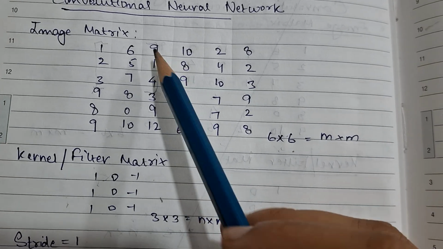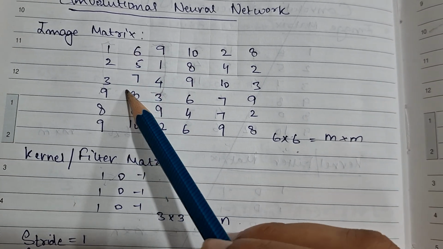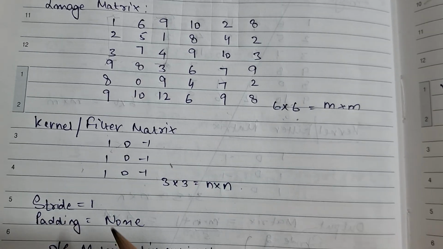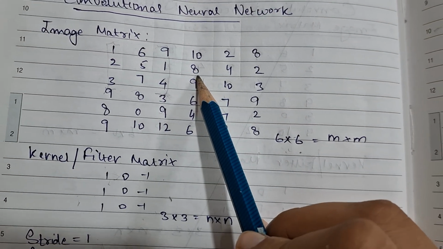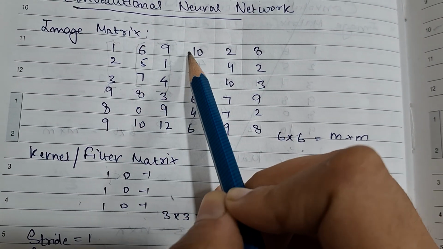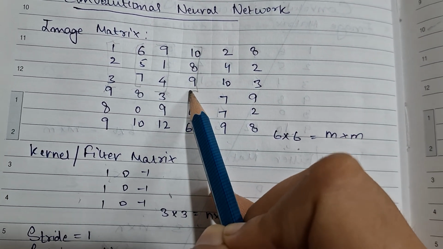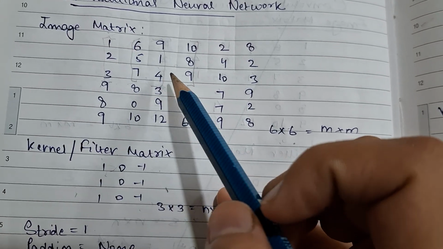Now we are done with the first leftmost uppermost corner of our image matrix, and since the stride given to us is 1, we will move one step ahead, which means now the kernel will go onto this 3 cross 3 submatrix of our image.